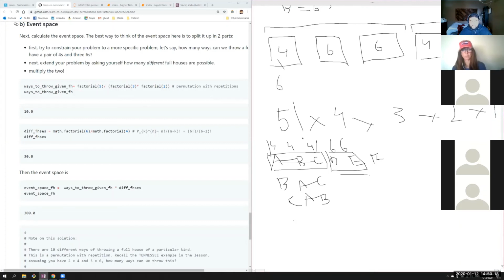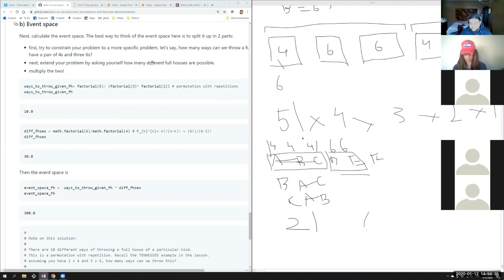So the k is, all right, they're basically trying to pick which 2 should be the ones that constitute the full house individual elements. All right, I get it now.